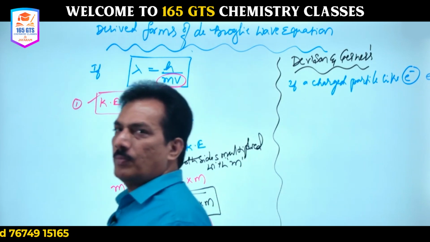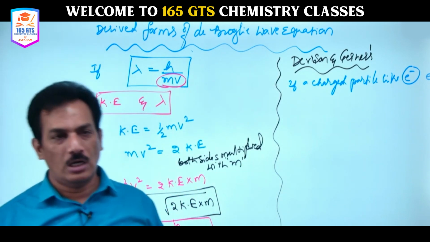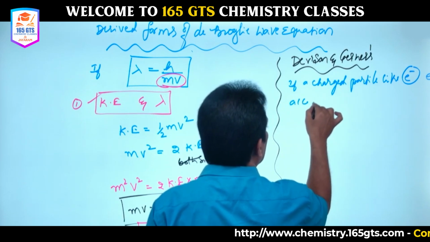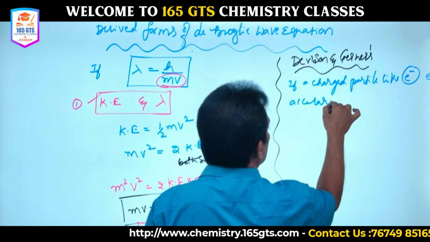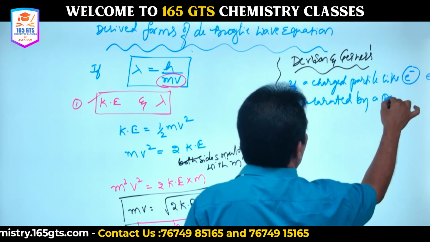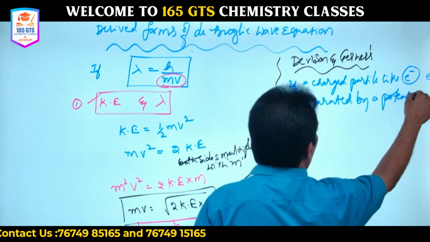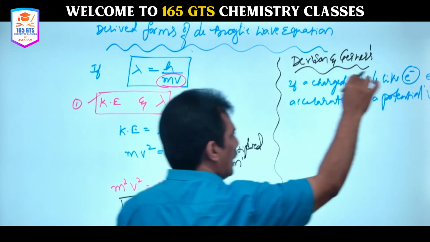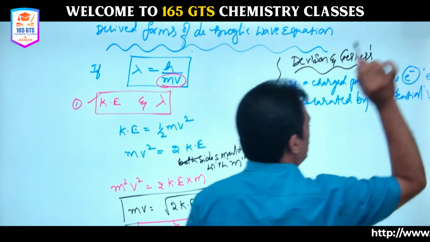Representation is e, and it is also taken as the charge now. Is accelerated by a potential V. V potential is used on e charge.